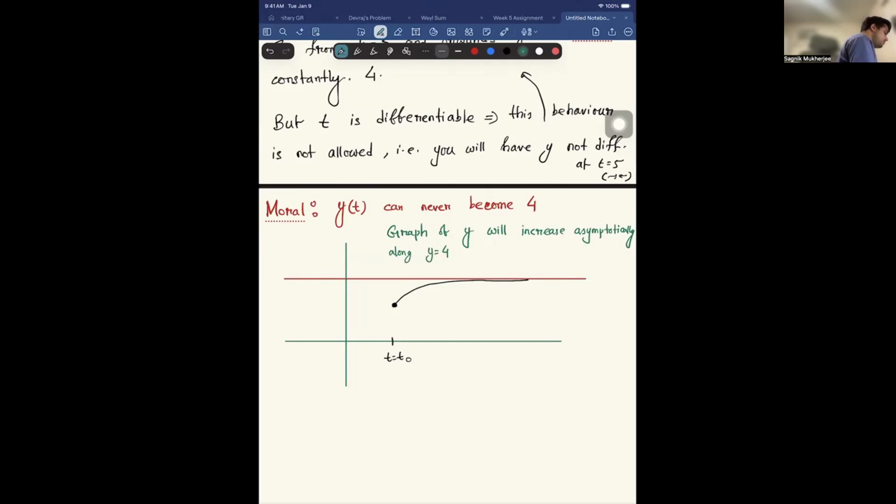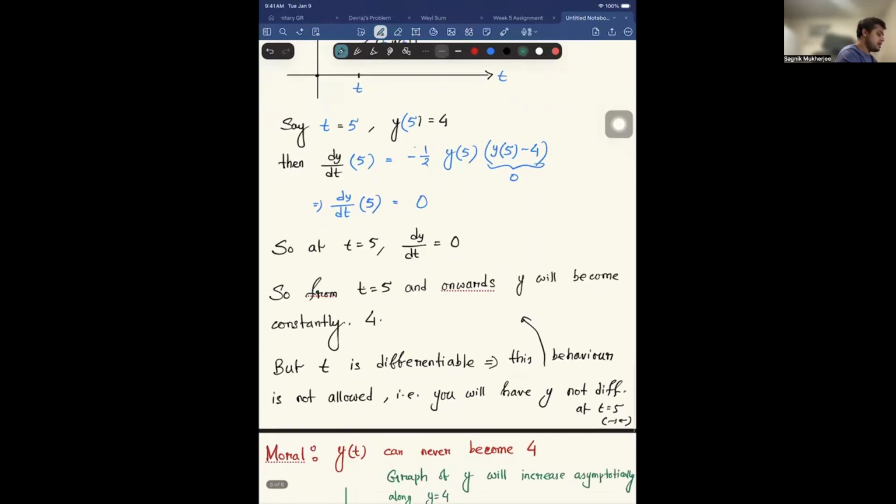So this is 4. It will grow very close to the line 4, but will never touch 4. Because as soon as it touches 4, you will have non-differentiability at that point. And that's not allowed because y is differentiable everywhere. So it will never touch 4, but it will keep increasing all the time. This is called asymptotic behavior. Okay? Sounds good?